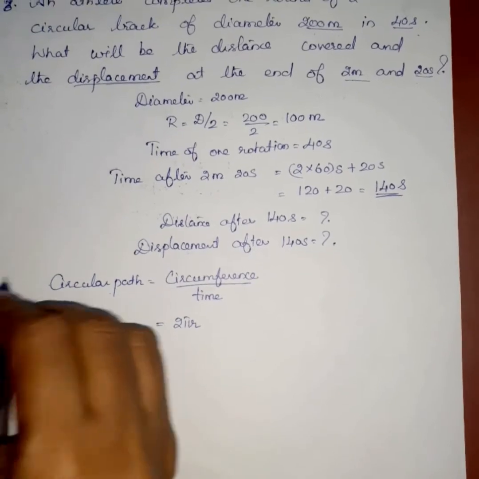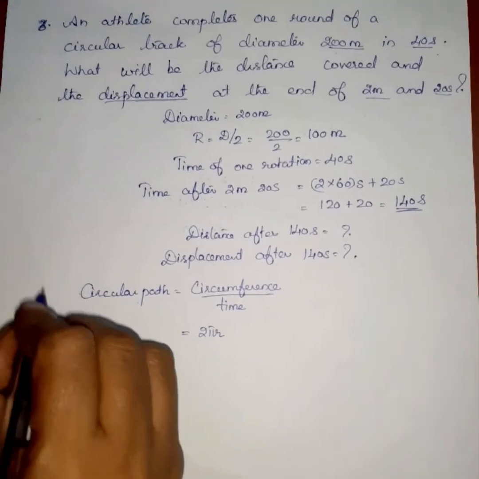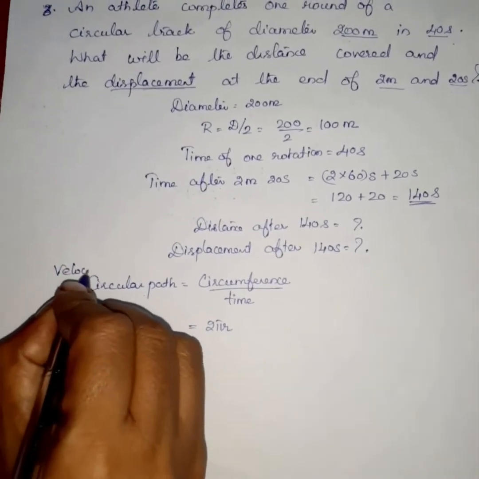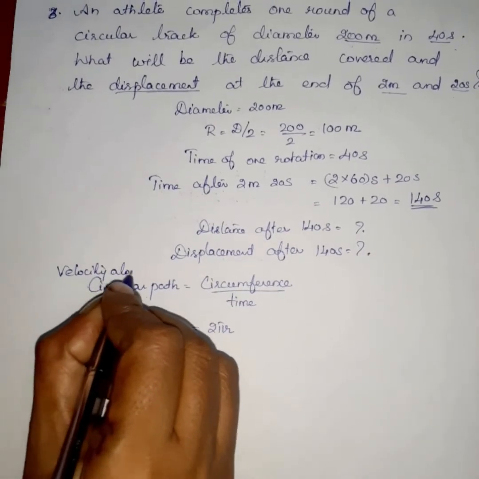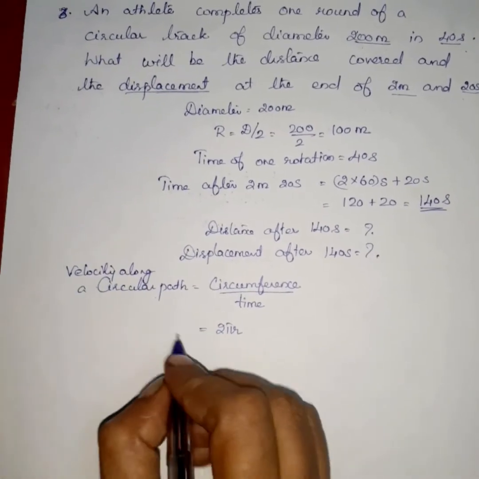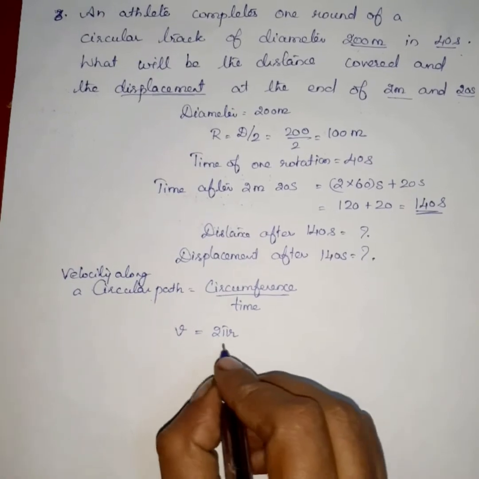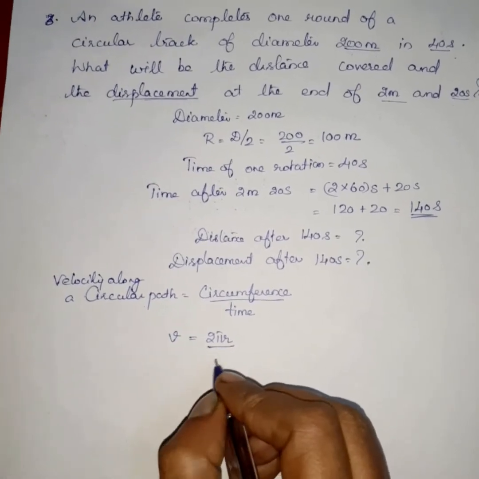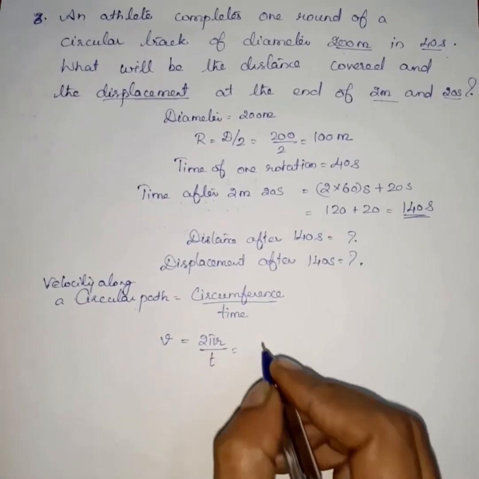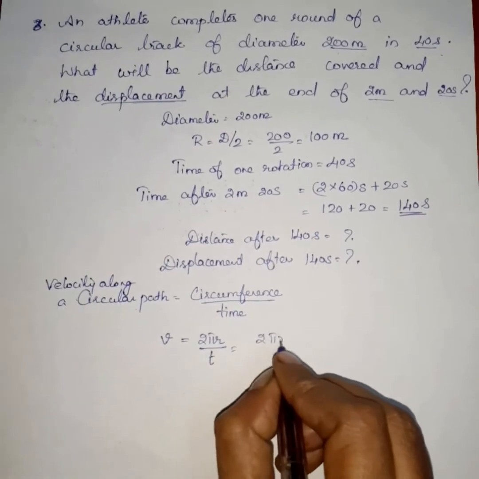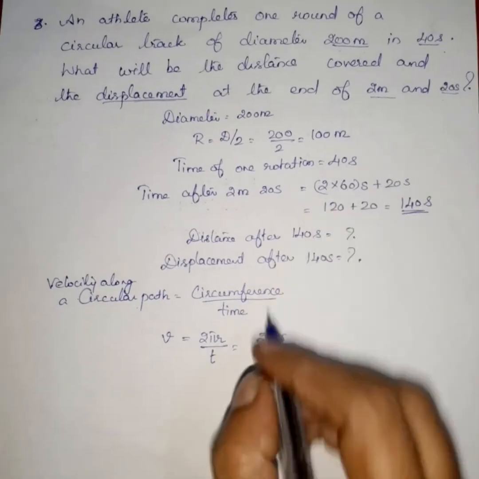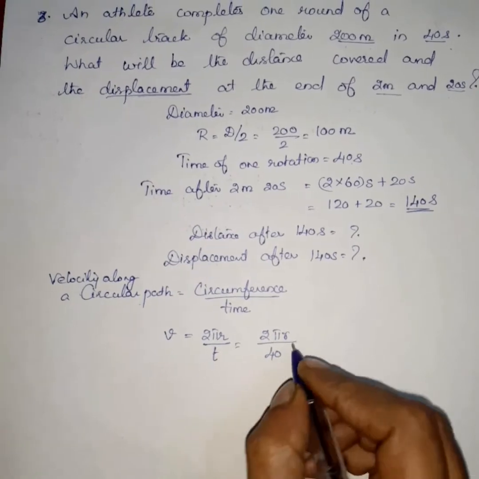Here it is velocity. Velocity along a circular path. So V is equal to 2 pi r divided by time. Time is how many seconds? 40 seconds. Okay.